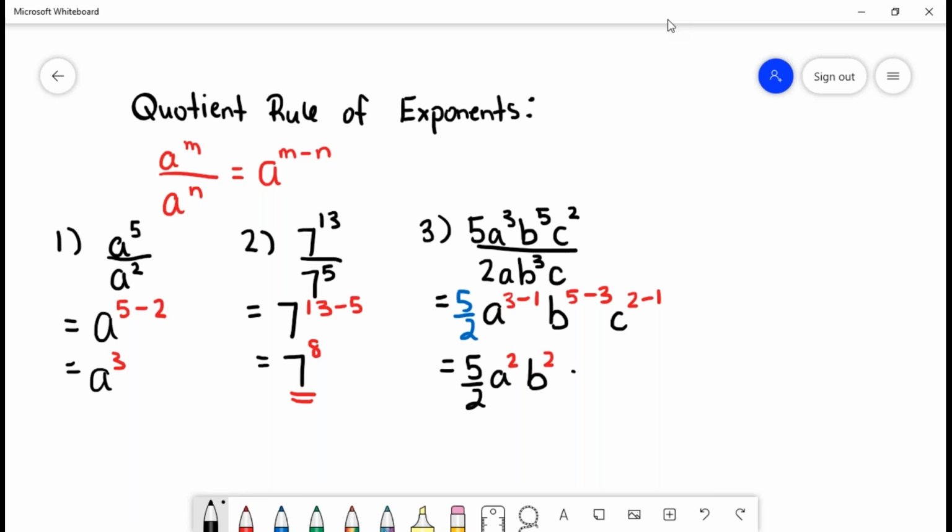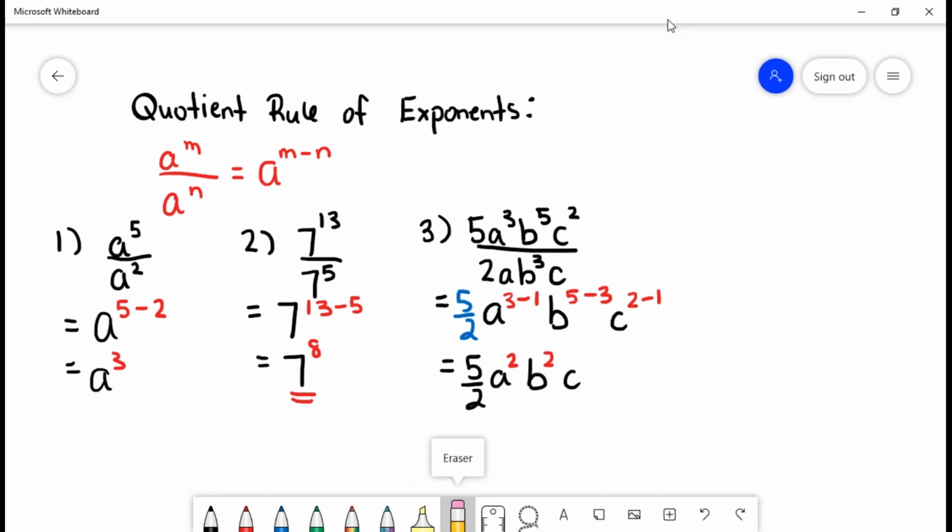Now we have c to the power of 2 minus 1. 2 minus 1 is 1, but since just a value without an exponent written is already understood that the exponent is 1, I'm just going to write c as is. So therefore, here we have our answer for this specific question. And using the quotient rule of exponents, we were able to break this problem up into individual bases and pair the bases up so we could easily solve for this problem.